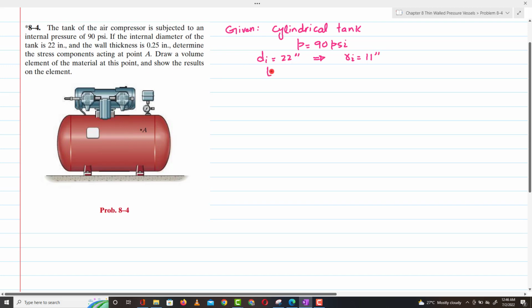Wall thickness T is equal to 0.25 inch. You have been asked to determine the stress component acting at point A. By stress component we mean sigma 1 and sigma 2, where sigma 1 is hoop stress and sigma 2 is longitudinal stress.